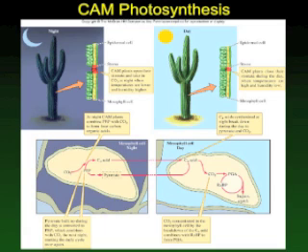So this CAM method allows a much better conservation of water and is another important aspect of the survival of plants. A diagram of this process is shown in figure 7.6 in your book and gives you a good idea of how this process occurs and saves the plant's water.